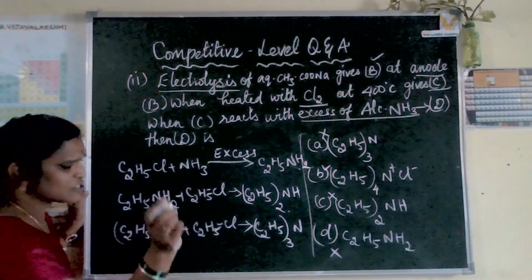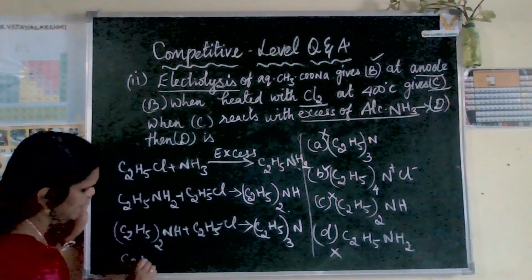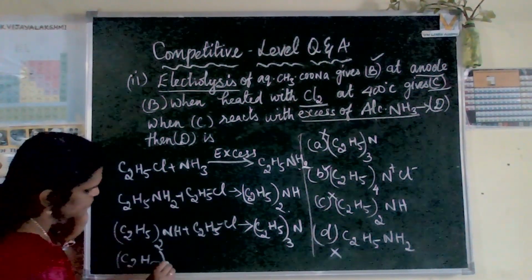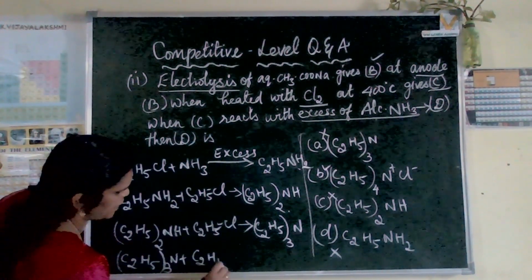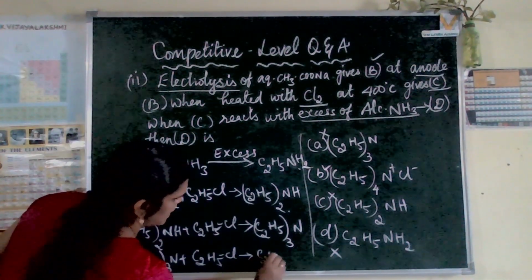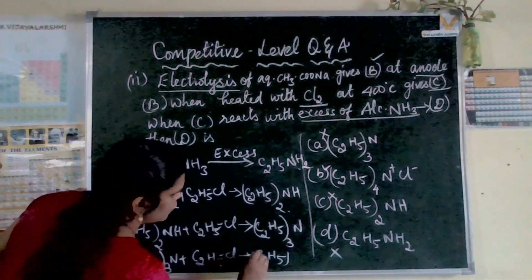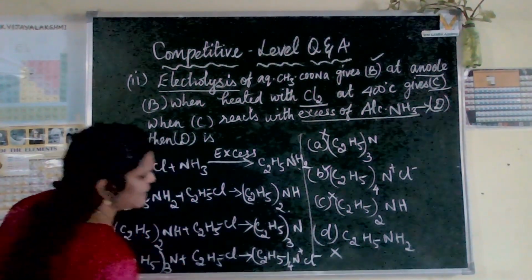Only one hydrogen was there, and that is also removed. Now again, excess: (C2H5)3N plus C2H5Cl gives again (C2H5)4N+ Cl-.